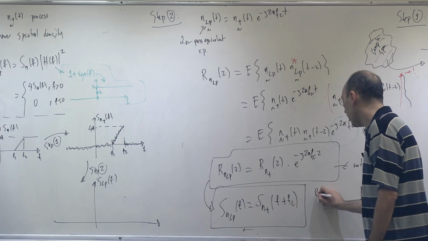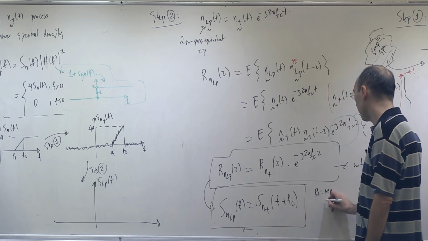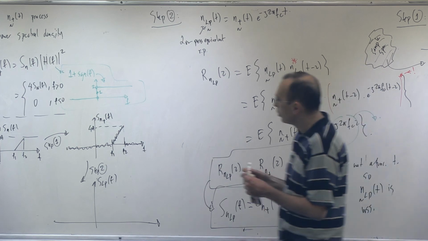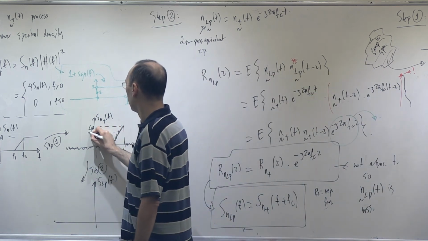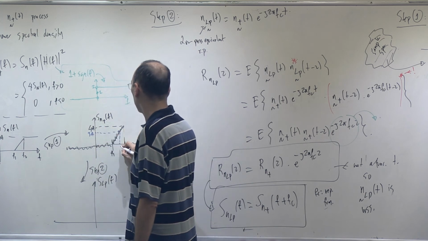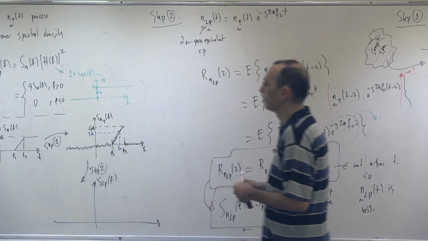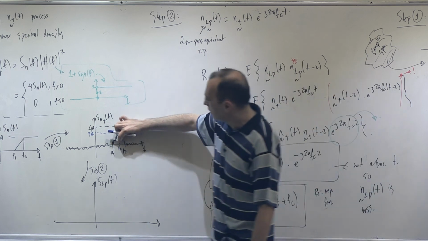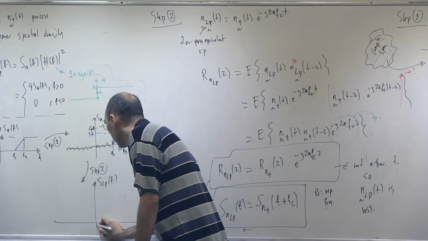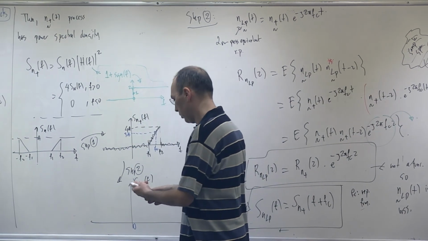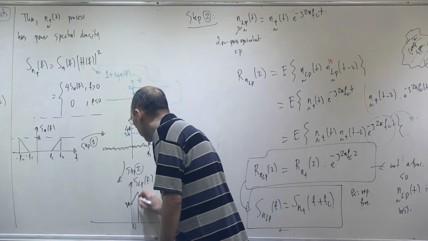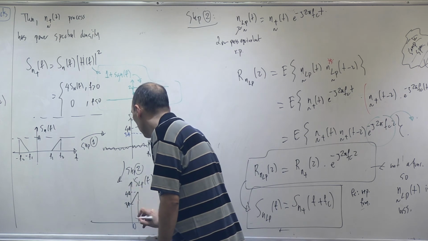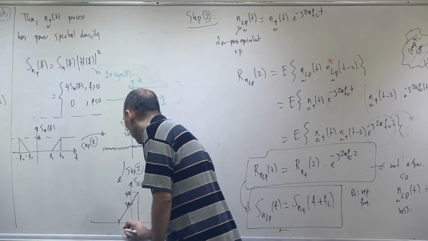But I should select my Fc. This is called the representation frequency. One more time, let's select a representation frequency just for the sake of representation. Let me select it like this, this is my Fc. So this Fc will be moved to the origin. This will be 0. Then I have the 3a value over here, so this will be reaching 4a over here, and it will be something like this.